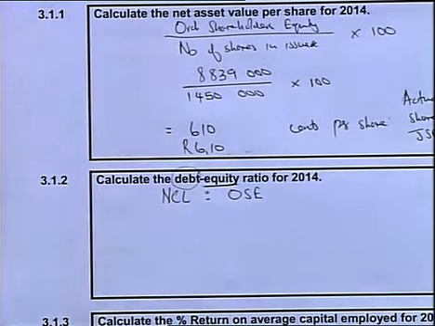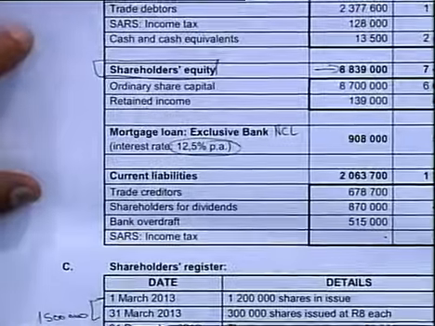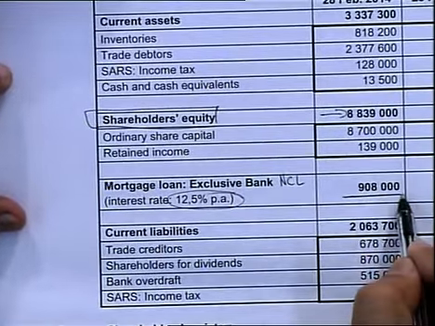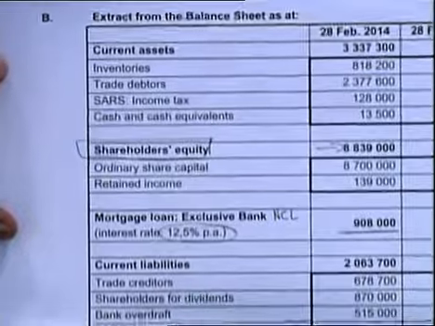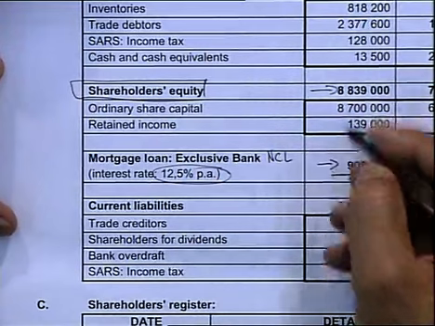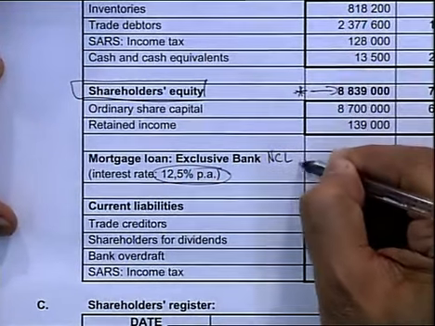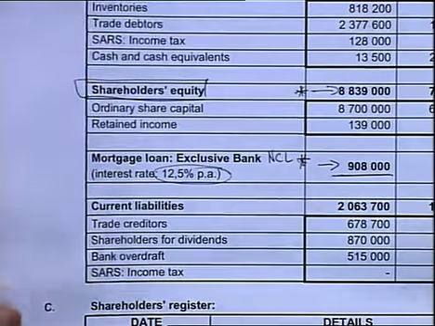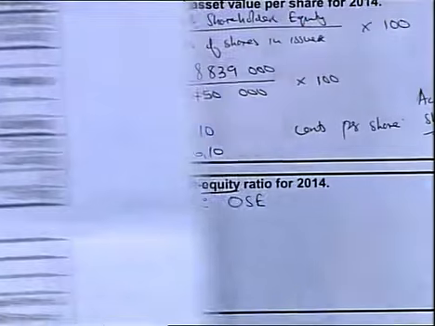Okay, so we go look for the amounts for this particular ratio. Right, there we see it. That's the non-current liability, and that's the equity. So those are the two figures that we have to express in the form of a ratio.